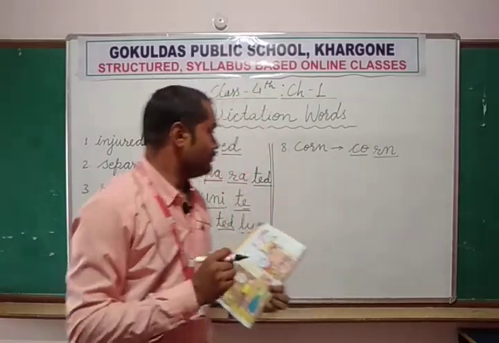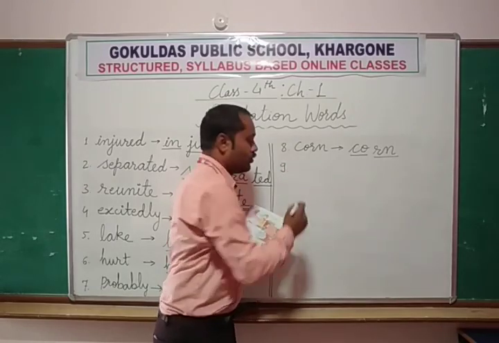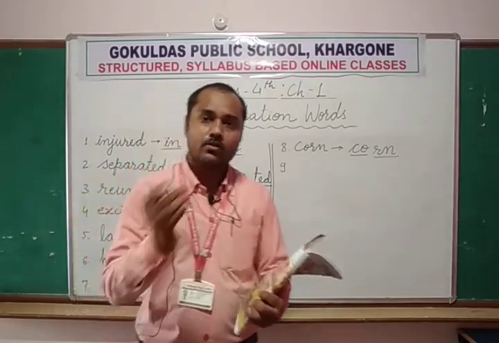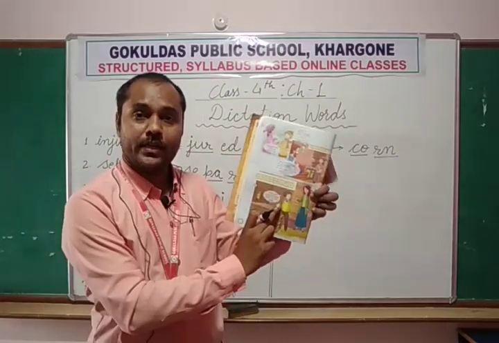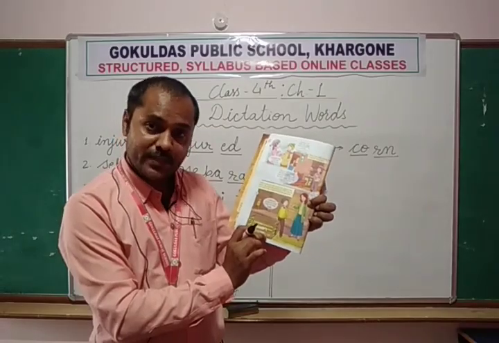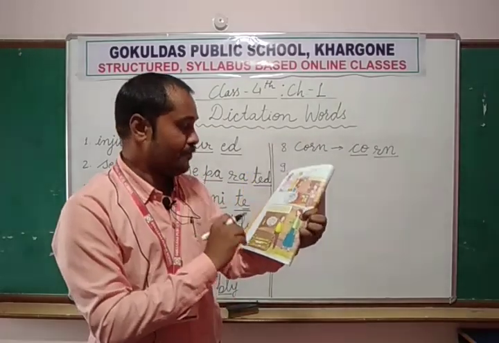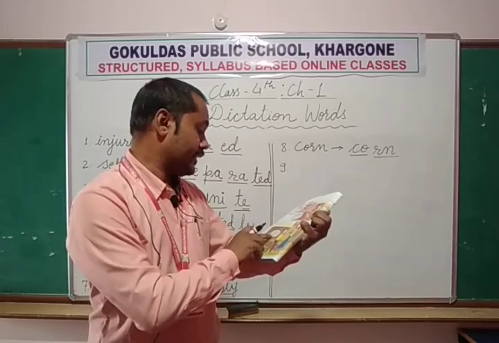Okay, so corn. Who had given corn to the bird? Jim and Molly. They have given corn to the bird to eat. Okay. The next word is heels.